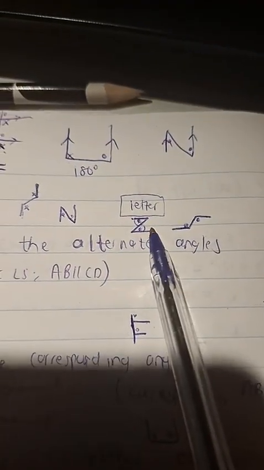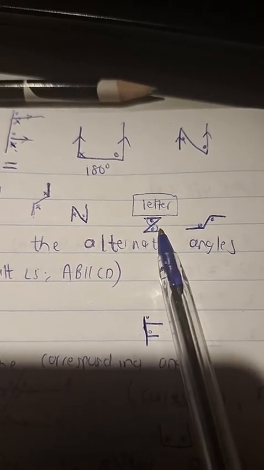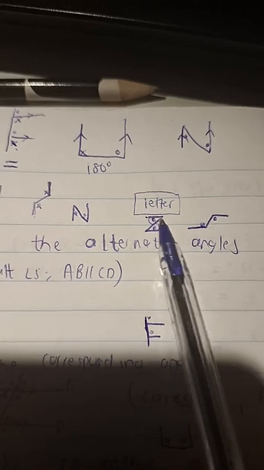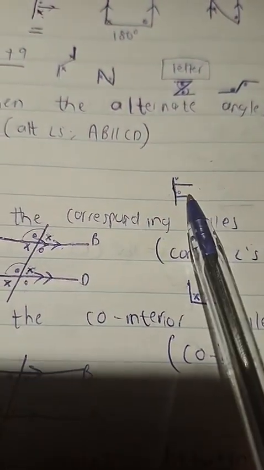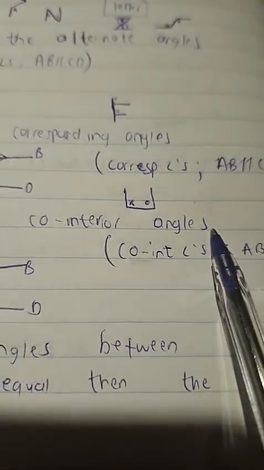Okay, so I'm saying that there's a Z-shaped relationship between parallel lines, which we call alternate angles. And they are equal if the lines are parallel. We have an F-shaped relationship, which is on top, bottom, bottom. Those angles are also equal as long as we are talking about the F shape. Then we have the U-shaped relationship that has to do with co-interior angles.